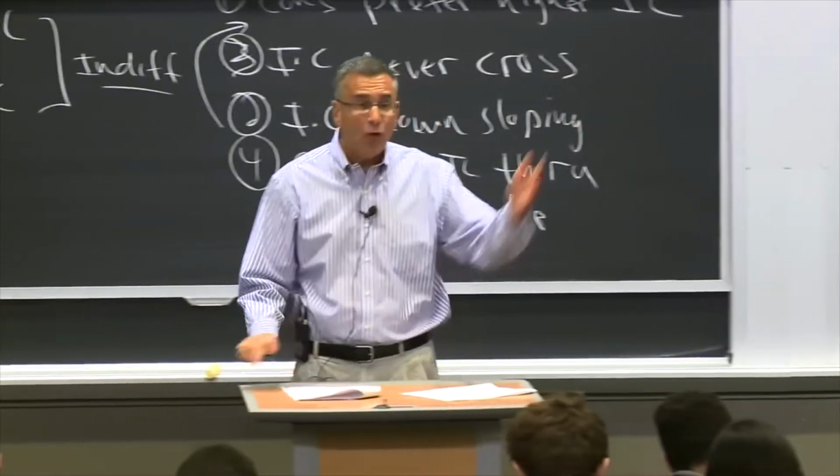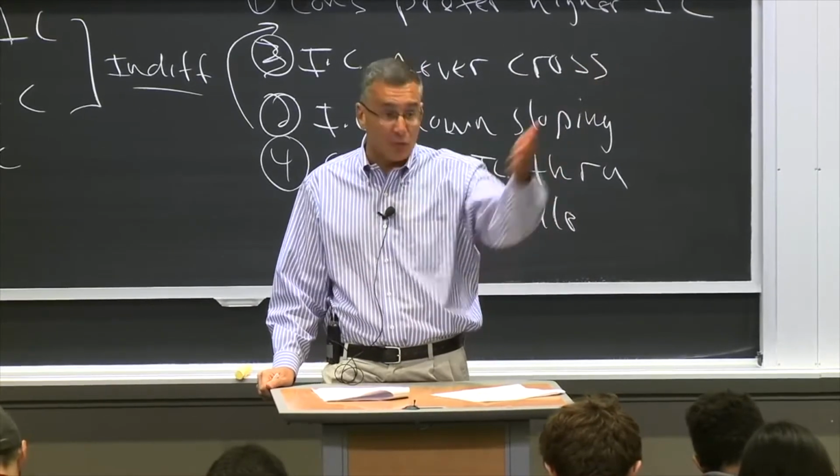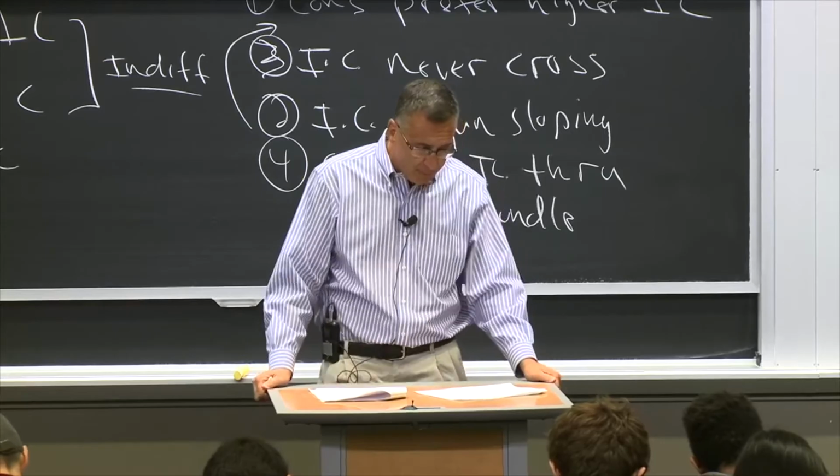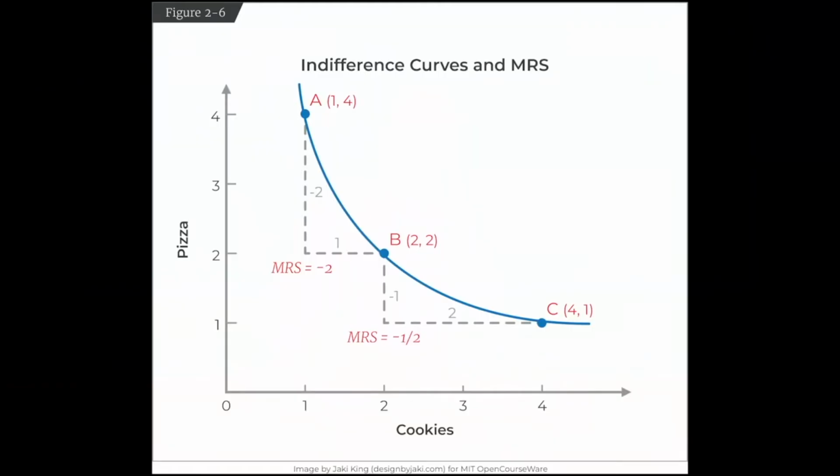Literally, the indifference curve tells you the rates you're willing to substitute. So if you look at figure 2.6, you say, look, I'm indifferent between point A and point B. One cookie and 4 slices of pizza is the same to me as 2 cookies and 2 slices of pizza. Why is it the same? Because they both give me utility square root of 4.